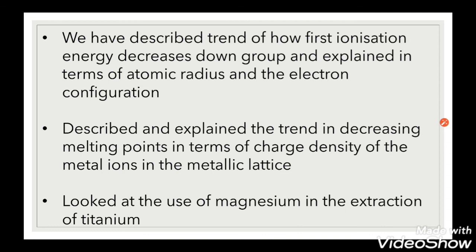We've described and explained the trend in decreasing melting points in terms of the charge density on the metal ions in the metallic lattice. So further down the group, the charge density decreases, therefore the metallic bonding is weaker, and therefore the melting point will be lower.